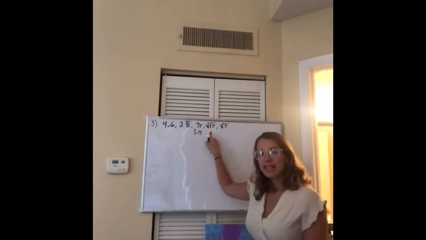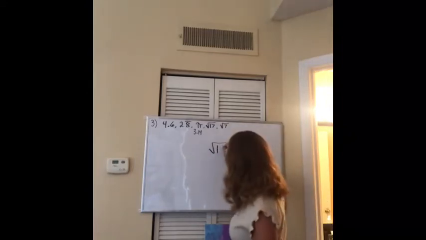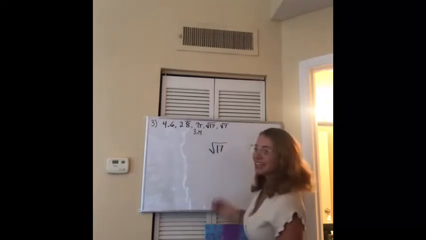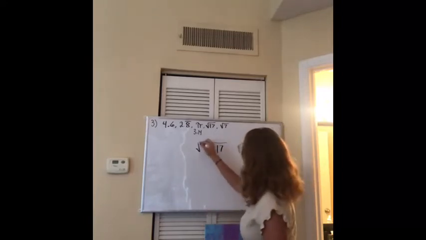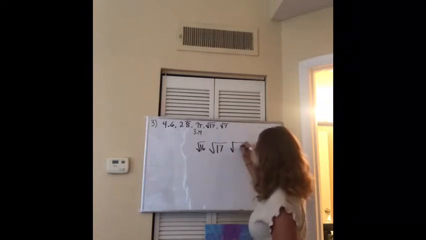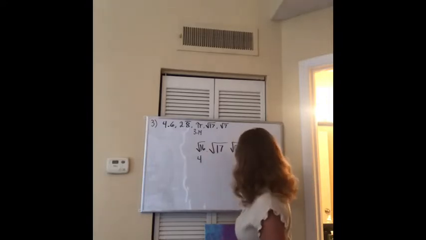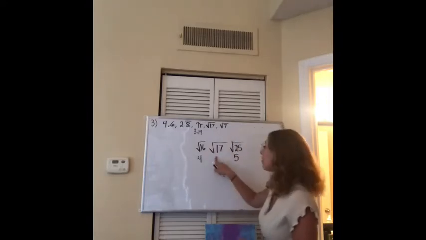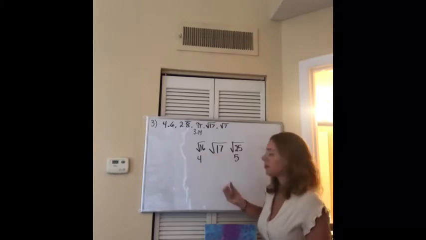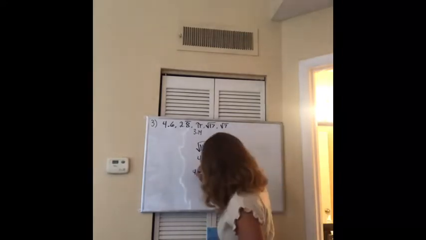The square root of 17, we'll have to do some rational approximation. I know that the square root of 17 is somewhere in between the square root of 16 and the square root of 25, which means that it's somewhere in between 4 and 5, and I know that 17 is super close to 16, so I'm going to try the decimal 4.1.